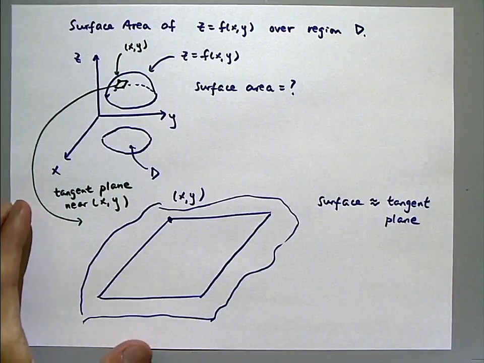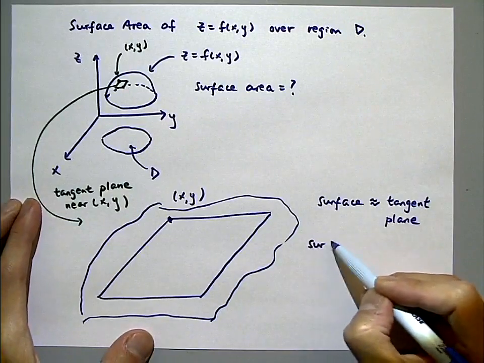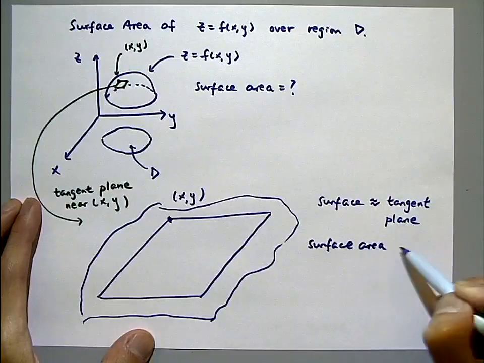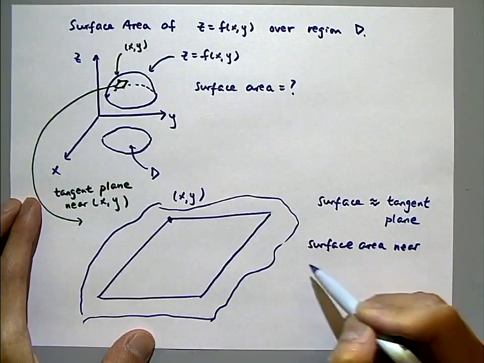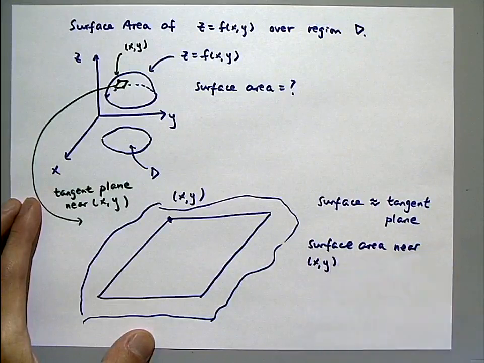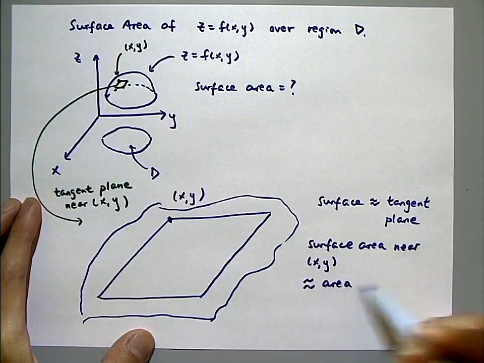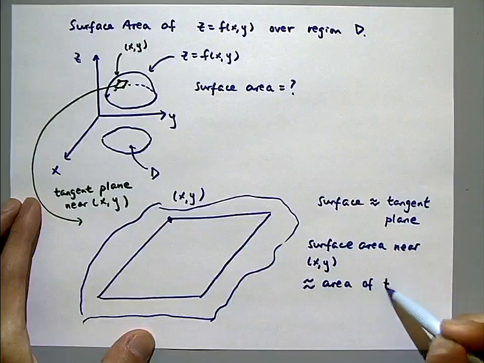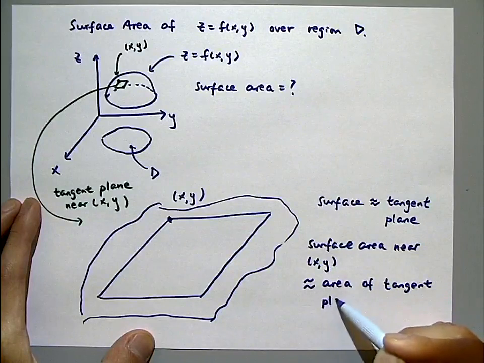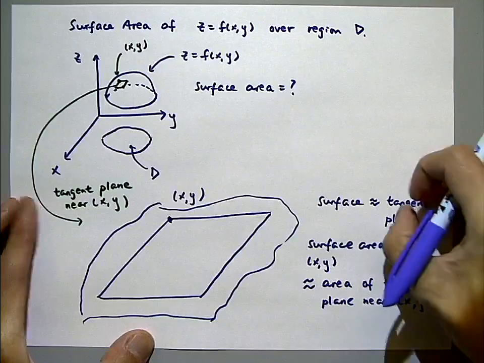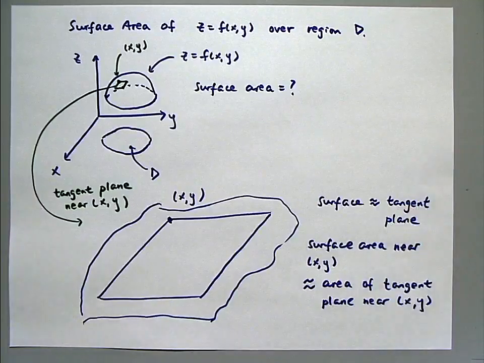So what that means is that the surface area near that point x, y is going to be roughly equal to the area of the tangent plane near x, y. Does that make sense?